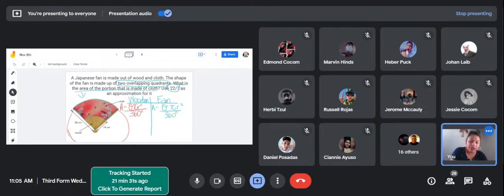of a sector. I need to also understand that because the fan represents a sector, I'm going to be using the formula to find area of a sector for the entire fan, right? We're looking at that shape.